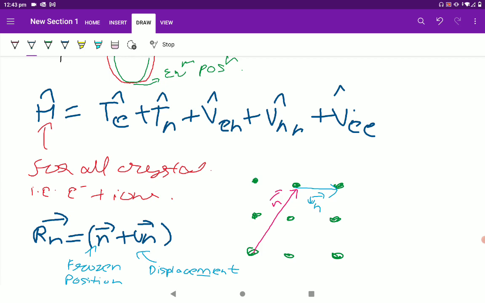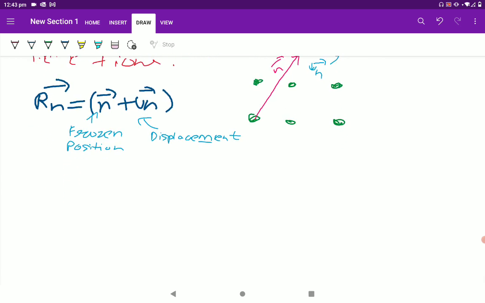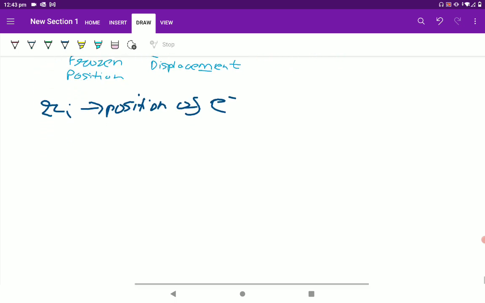Now let's write the kinetic energy of electrons, kinetic energy of nuclei, and the rest of the expressions. So let's assume that Ri is the position of electrons, and now let's write the expression here.